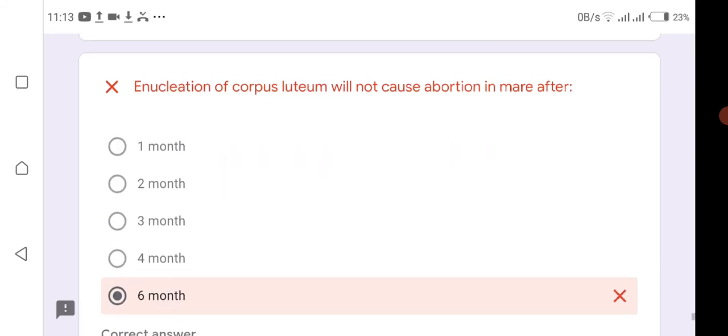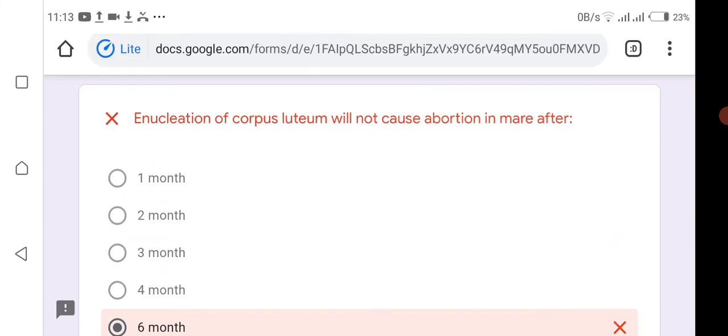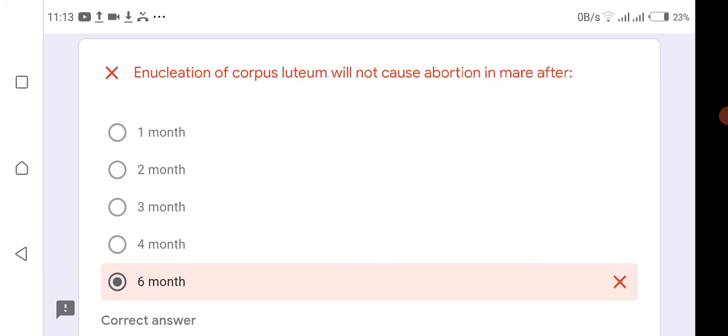Enucleation of corpus luteum will not cause abortion in mare after 3 months, because there is another source of progesterone in the female, that is the placenta.